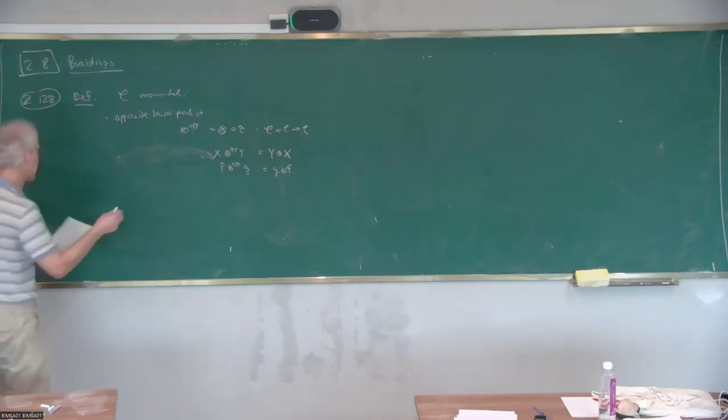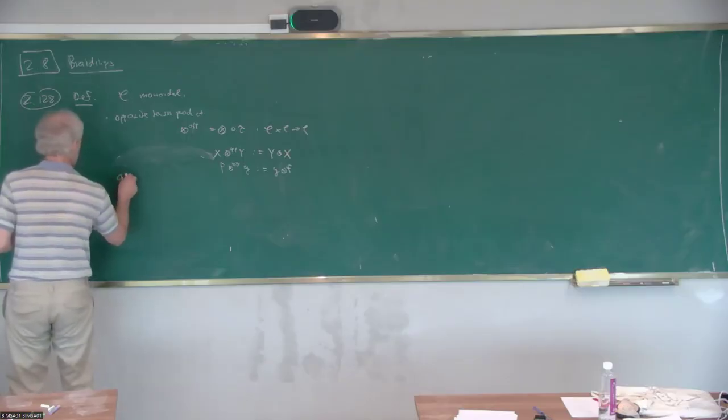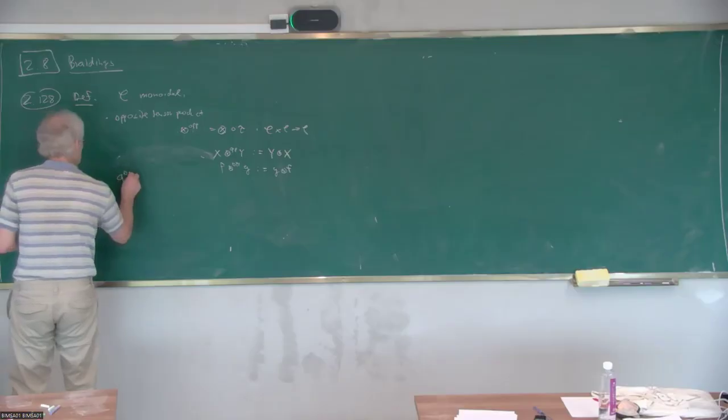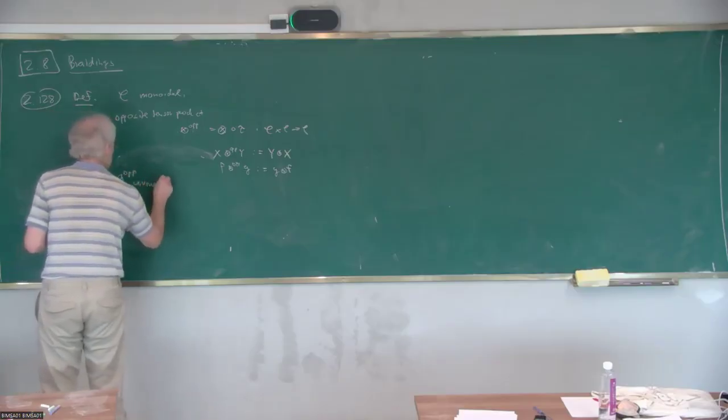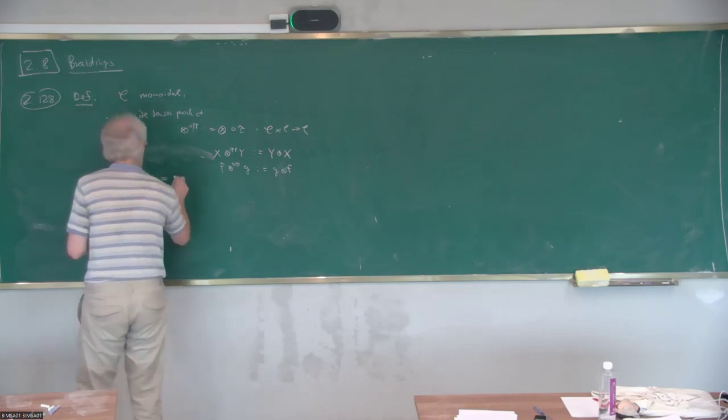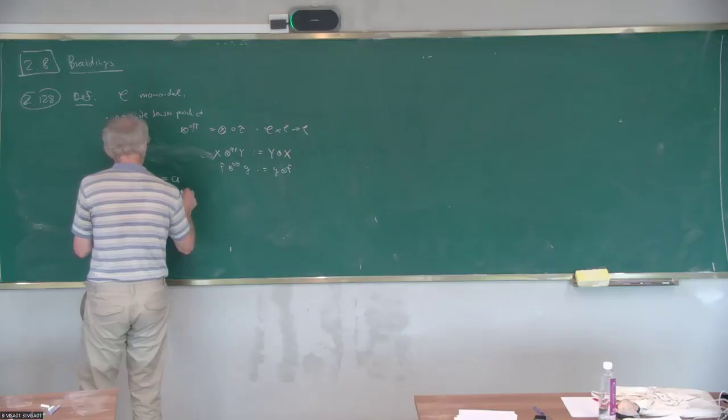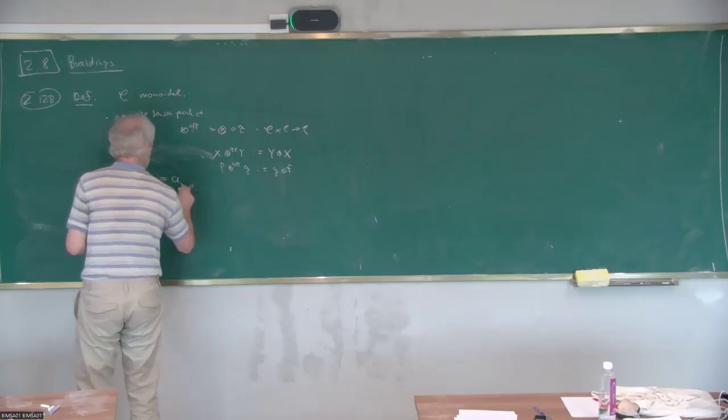They're just, maybe I write explicitly for the associator. The opposite associator has components U, V, W given by the associator W, V, U inverse.